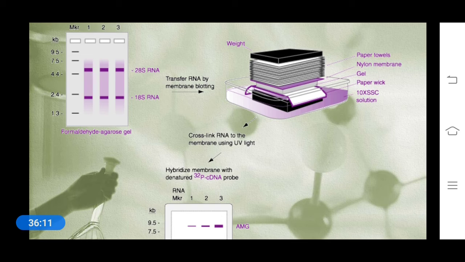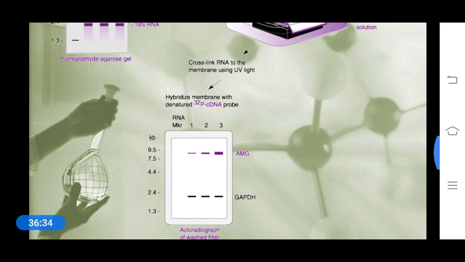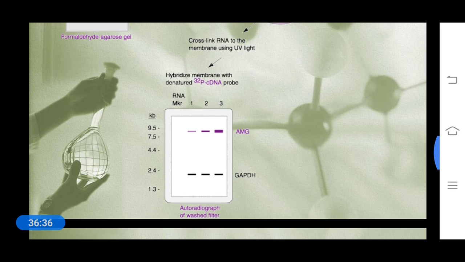Next is hybridization with a P32 cDNA probe, which is radiolabeled. P32 is the radioisotope labeled to the cDNA probe, and this is treated with the nylon membrane so that the probe attaches to the complementary RNA fragment, and finally it is detected using autoradiography.